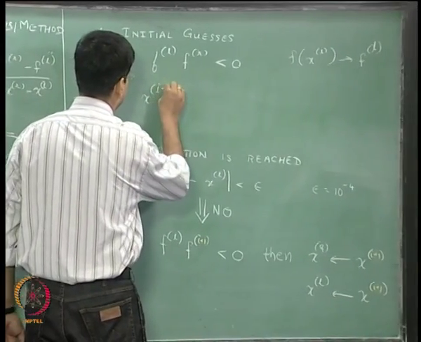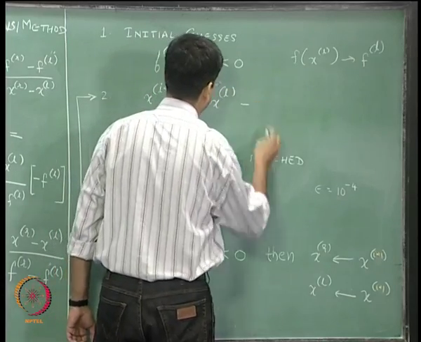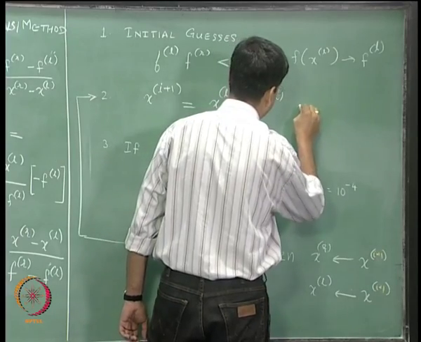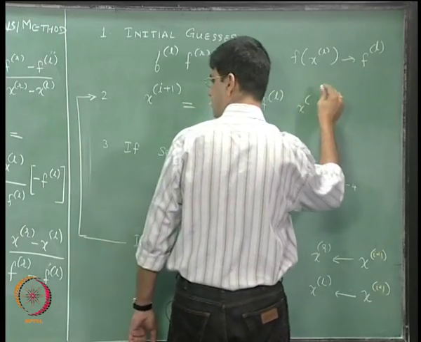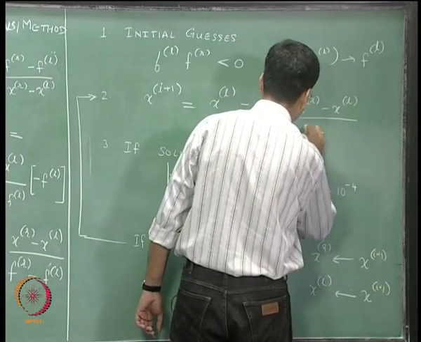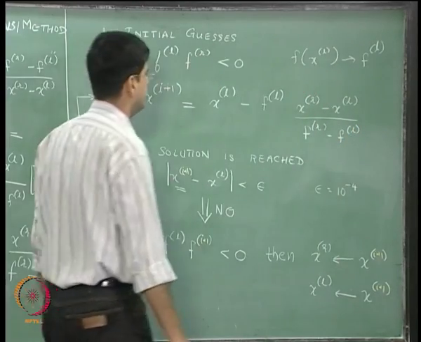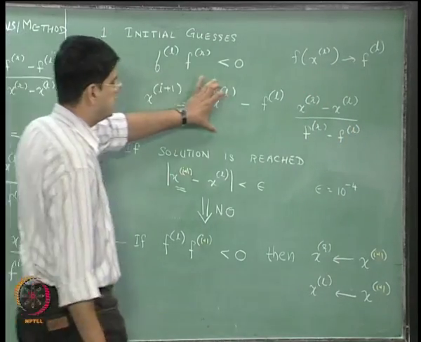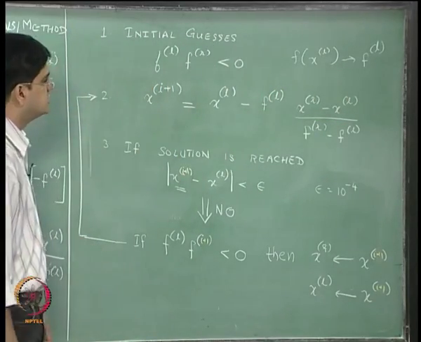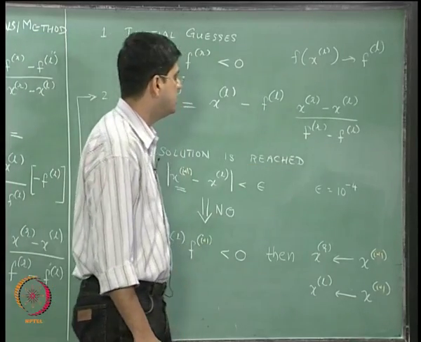So we will say x_{i+1} is equal to x_l minus f(x_l) multiplied by (x_r minus x_l) divided by (f_r minus f_l). This is the only thing that has changed when we go from the bisection method to the regula falsi method. Keep in mind f_l is nothing but f of x_l, f_r is nothing but f of x_r.